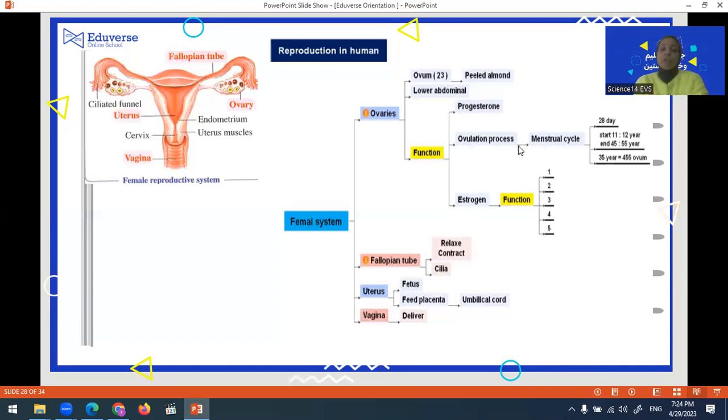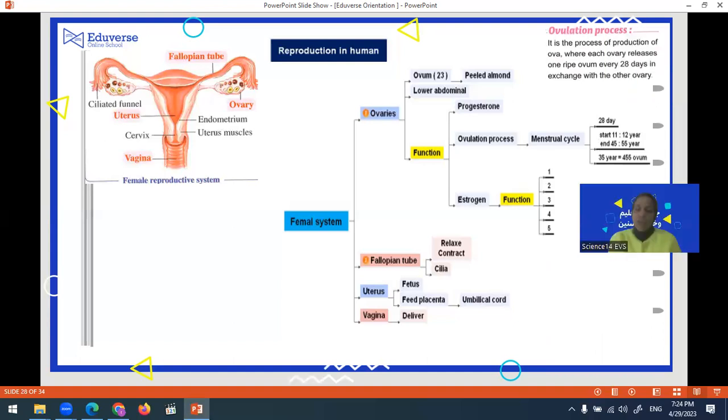Every 28 days, one ovum comes from one ovary, and this alternates. One ovary, and the next month, after 28 days, the other ovary produces the second ovum. So ovulation is the process of production of ova, where each ovary releases one ripe ovum every 28 days in exchange with the other ovary.